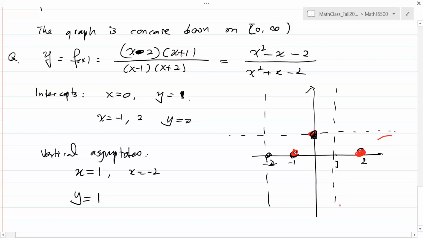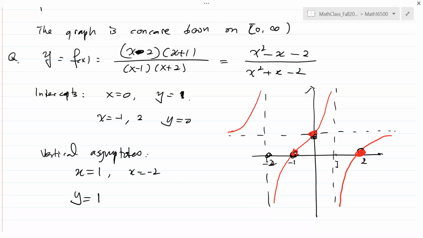So I'm pretty sure it looks like that. It is a rational function, so another one must be here. So maybe it goes down like that. It's possible, passing through those 2 points. If it goes up, maybe you have another x-intercept, right? Then the other one must be here.